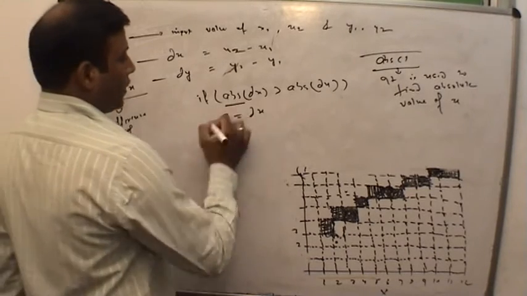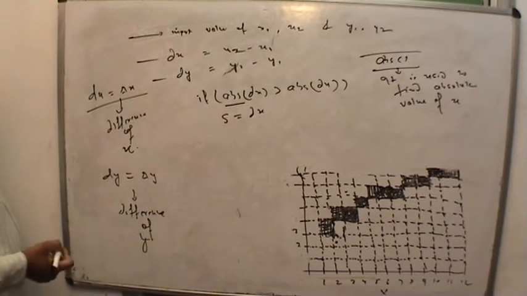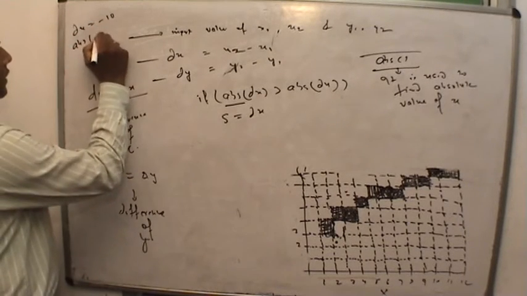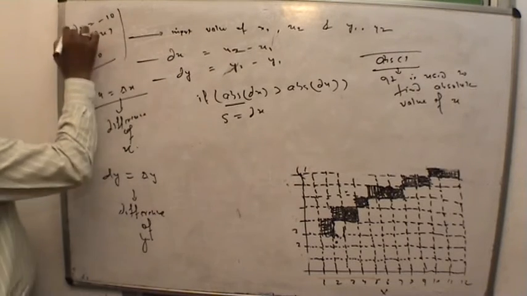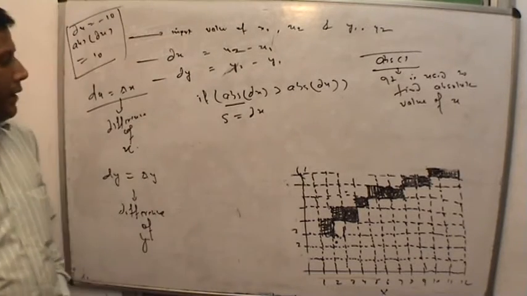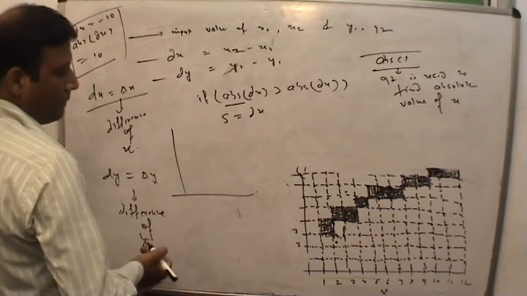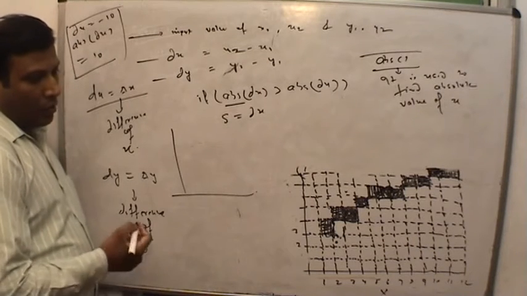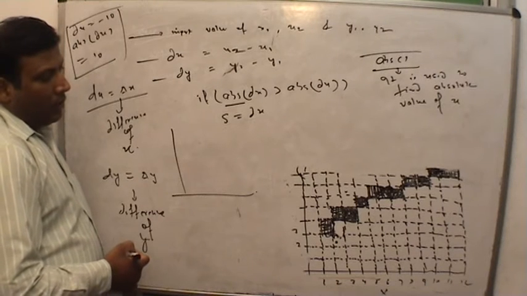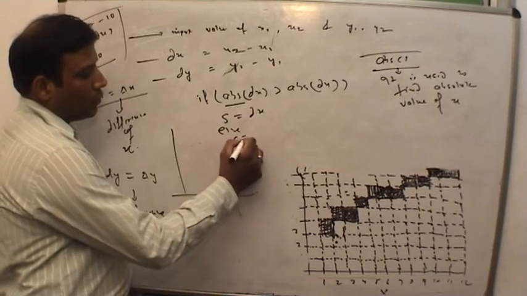What is the use of absolute? If we get the value of dx in negative, like -10, then ABS converts dx into 10. So the point plotted is not a non-numeric number. So if the difference of x is greater than the difference of y, then the slope is dx, else the slope is dy.